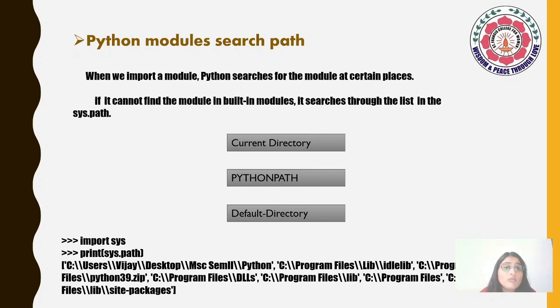When we import a module, Python searches for the module at certain places. If it cannot find a module in built-in modules, it searches through the list in sys.path. So what does it do if we are unable to find the module path when we are trying to import it? It will first check in the current directory, then it will check in the Python path, then it will check in the default directory.